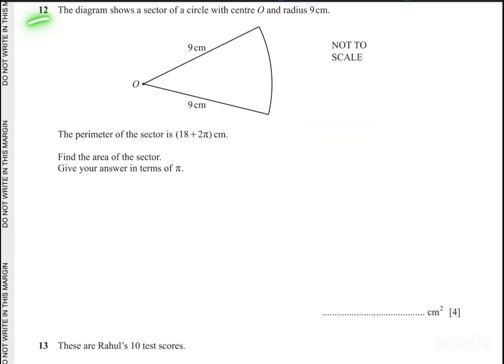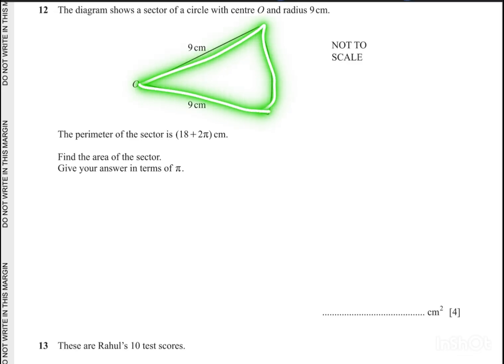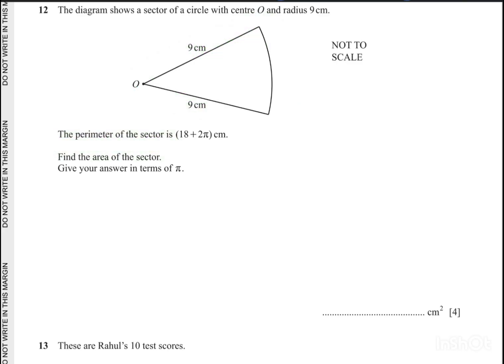Question number 12. The diagram shows a sector of a circle with center O and radius 9 centimeters. The perimeter of the sector is 18 plus 2 pi centimeters. Find the area of the sector, giving your answer in terms of pi.